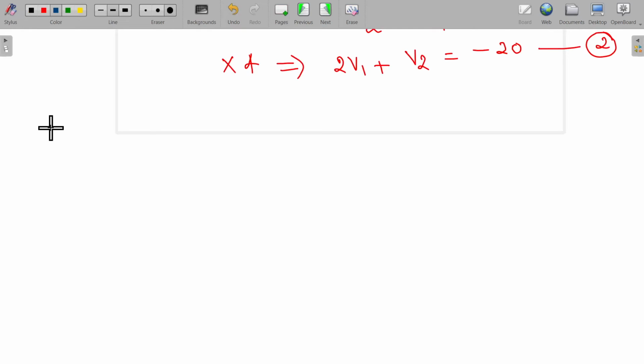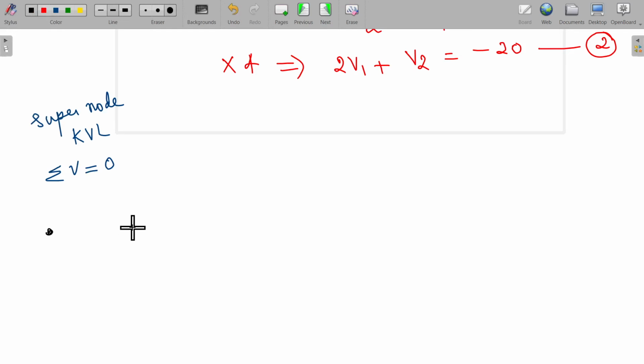Now moving on to the next portion, that means as we have the super node, we need to apply KVL also, to get another equation. Okay, Kirchhoff's voltage law. So it states that summation of the voltages in a closed path is equal to 0. In our case, we have this V1 potential as well as this V2 potential.